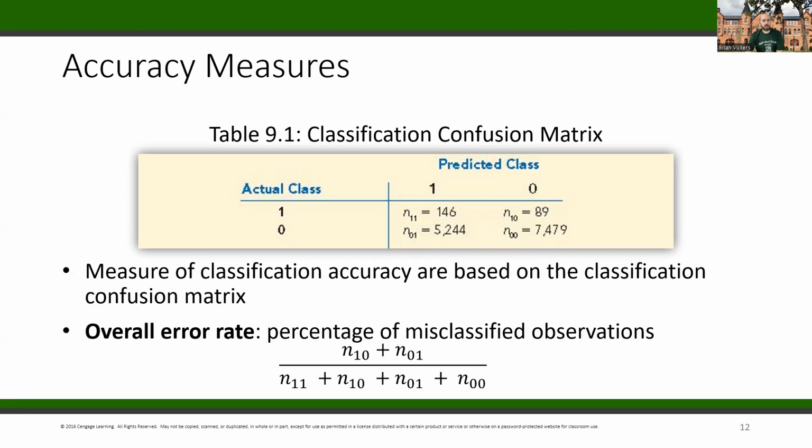So let's use the example from your book. I believe it's in table 9.1 in your book where this comes from. Oh, there it is right there at the top. Of course, I believe it's table 9.1 because had I looked at the screen, I would see table 9.1 right here. Table 9.1 is talking about loan defaults.